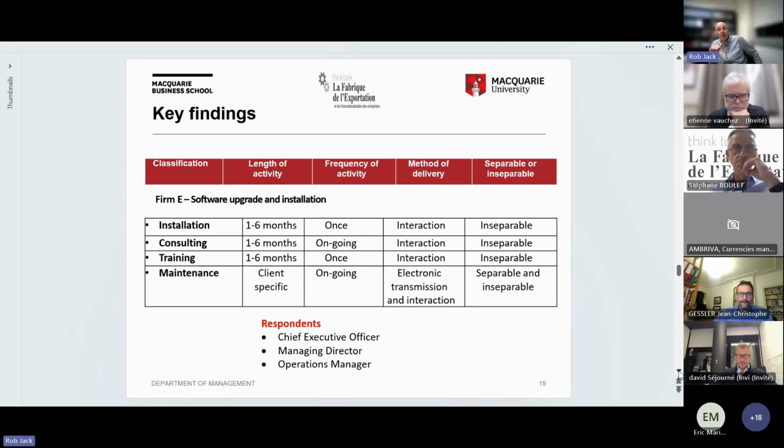Okay, now what you're seeing here is trying to get an idea about whether the timing of these activities, whether they're short term or longer term, can actually have an impact on how these firms think about their international delivery. So if you're looking at a service activity that is ongoing, that requires continuous interaction, that may justify an ongoing presence in the market.